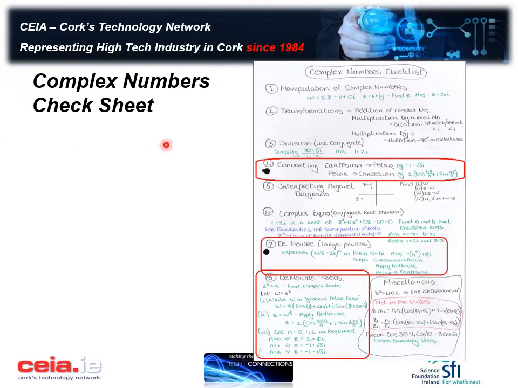So this is the check sheet I'd prepared for the complex numbers topic as a whole, and I've highlighted the bits and pieces that we will need to be able to do for the polar form of complex numbers. So let's just go through what they are.